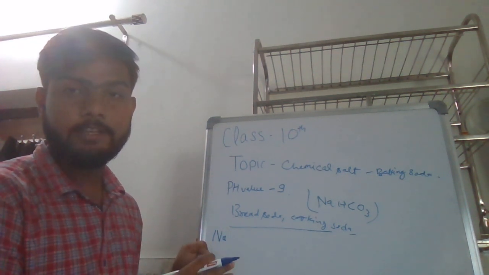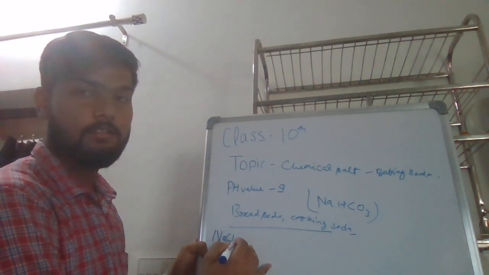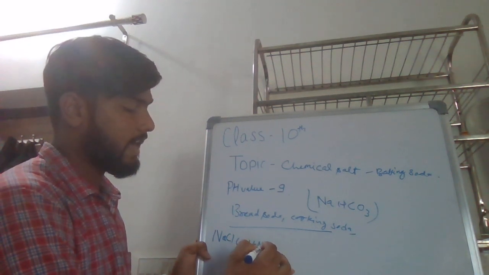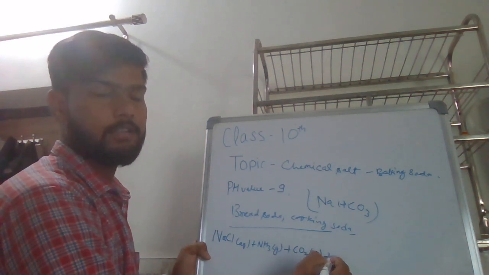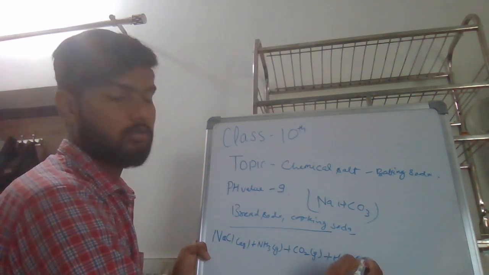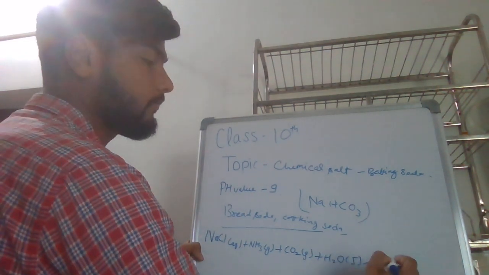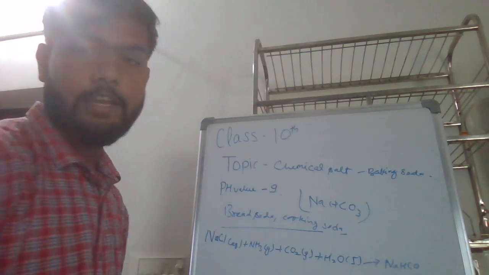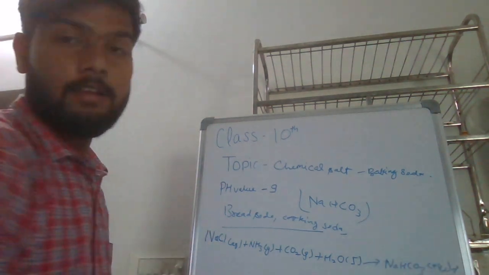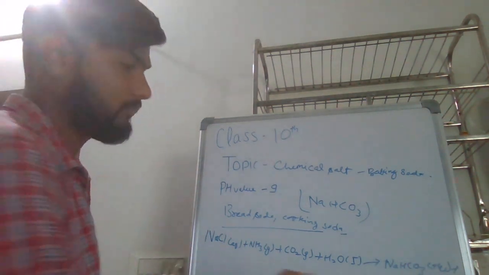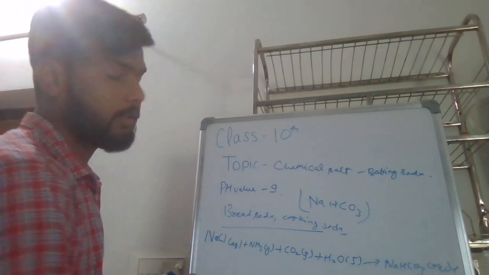Here we will see the baking soda reaction: NaCl(aq) + NH3(g) + CO2(g) + H2O gives NaHCO3 + NH4Cl(aq). So this will be the equation over here.